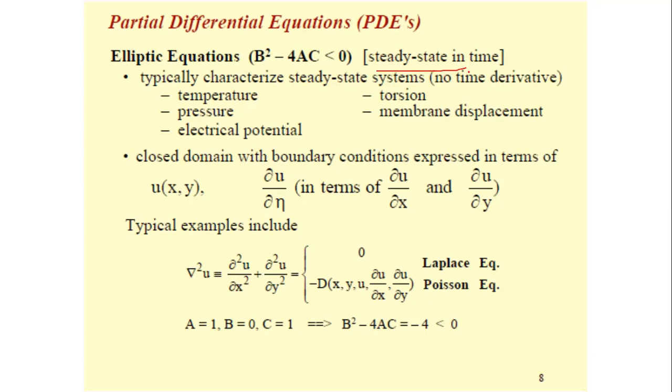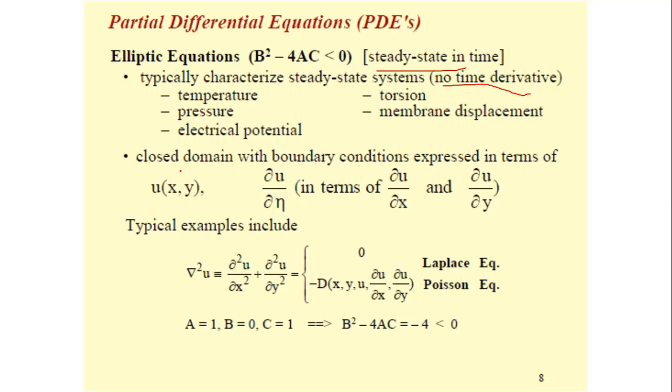That means the function has no time dependency. Okay, the function has no time dependency. So elliptic partial differential equations do not involve derivatives with time. The derivative of the function with time is always 0 in elliptic partial differential equations.